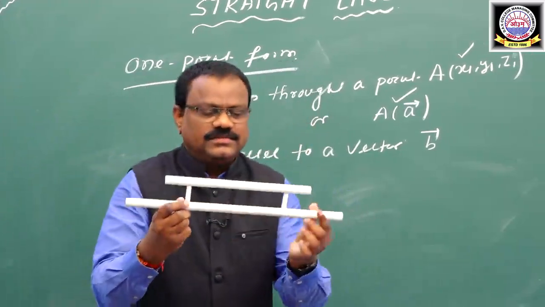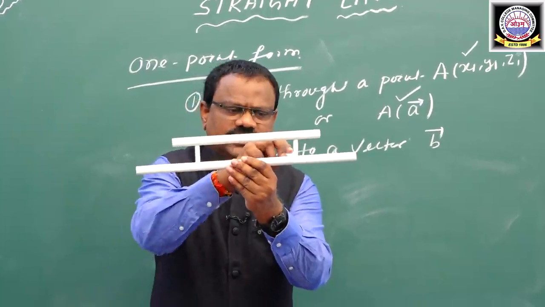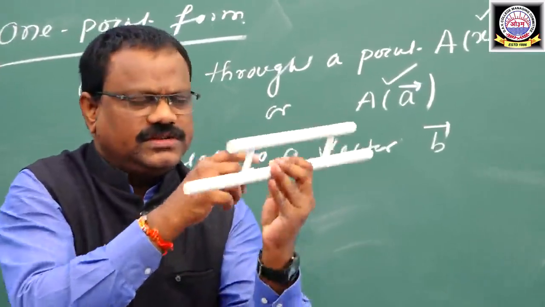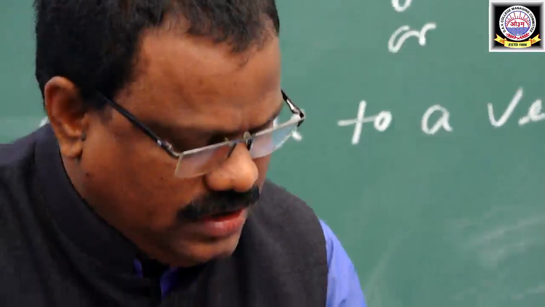So let us look here. Suppose this is the line. Let us assume this line is passing through this point, I am showing this red one.